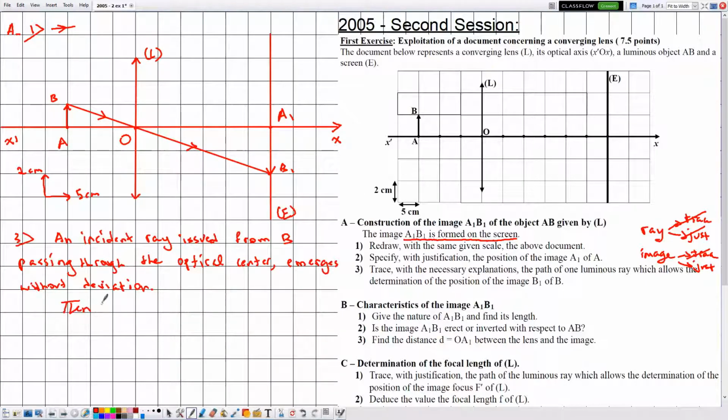Then the image B1 of B is the intersection of the emergent ray with the screen.